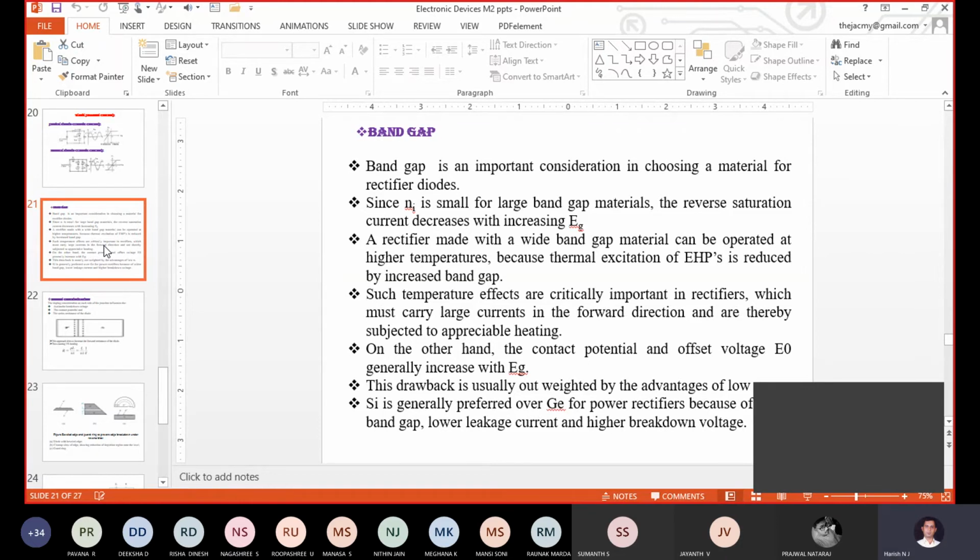Correct. So we are not able to give more than 2.5 electron volt of energy to an electron in the valence band. Maximum up to 2.5 we can give. If the energy gap is more than 3 electron volt, definitely that kind of element belongs to an insulator.